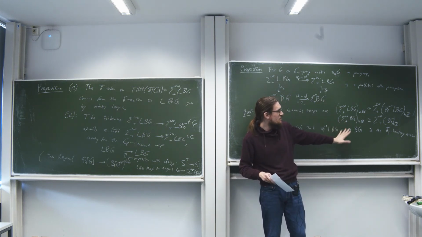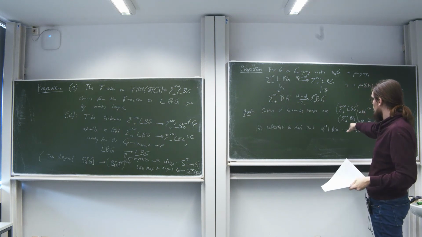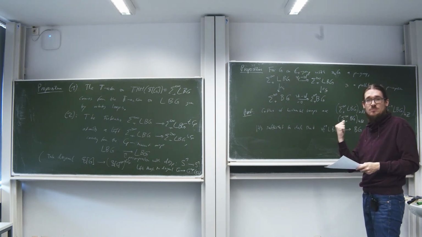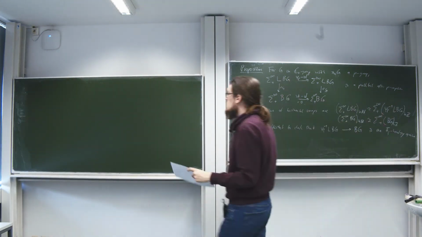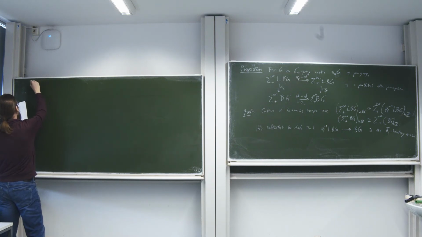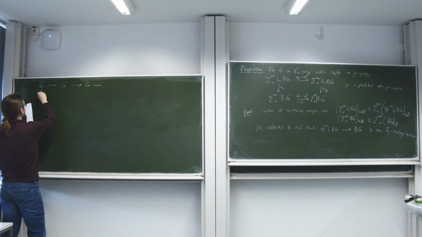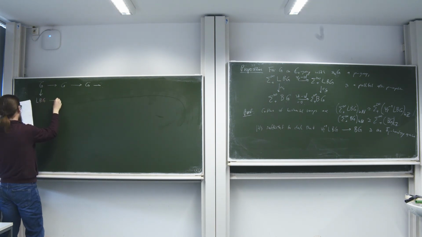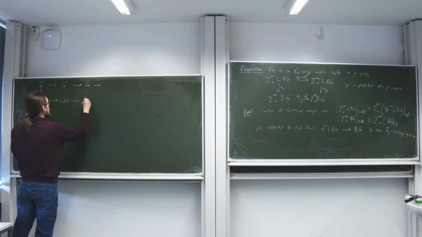And here we're in spaces, so we can also involve fiber sequences in spaces. So what do I mean by that? Well, look at the sequence of fiber sequences, where here we have LBG, LBG, LBG.